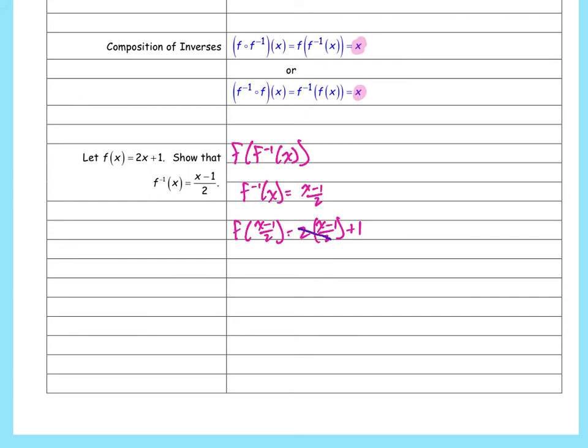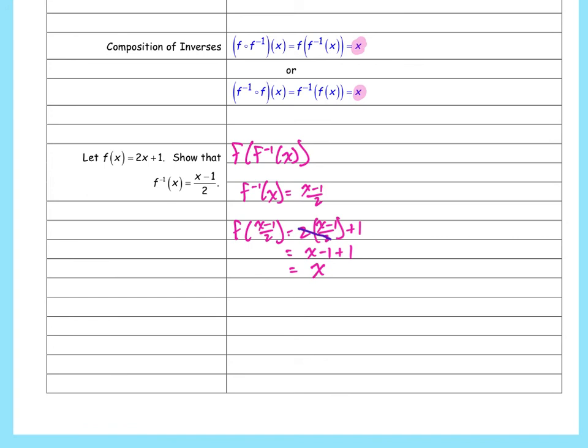And then I get left with x minus 1 plus 1, which leaves me with x. And because it left me with x, it shows that they're inverses. Okay? Questions, anybody?